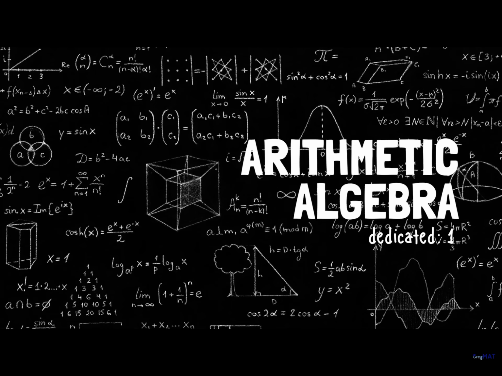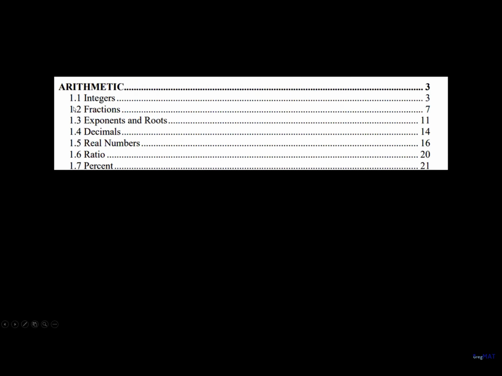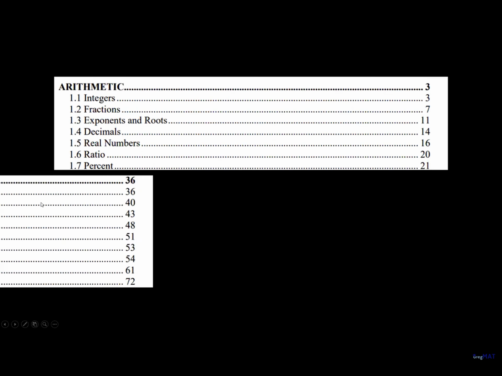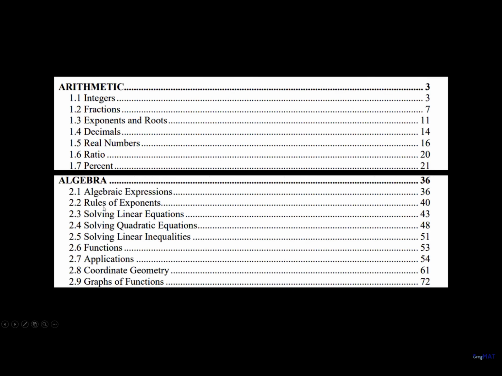You guys are familiar with the ETS Math Review Guide, right? The ETS Math Review Guide divides arithmetic into integers, fractions, exponents and roots, decimals, real numbers, ratio, and percent. It divides algebra into algebraic expression, rules of exponents, linear equations, quadratic equations, linear inequalities, functions, applications, coordinate geometry, and graphs of functions.